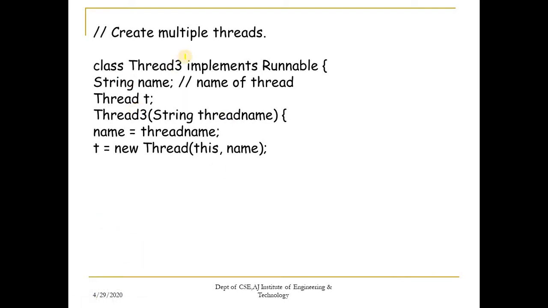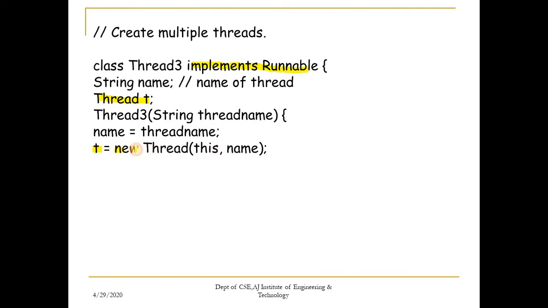Implementing the runnable interface, first I have to create a variable of type thread. One more thing I have to do is assign that variable to a new thread constructor.